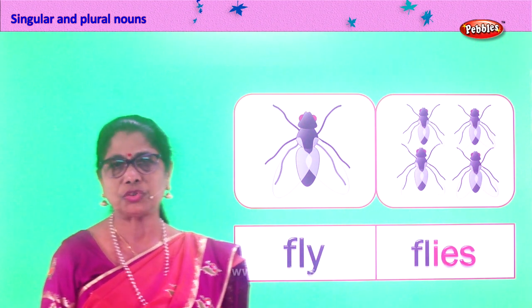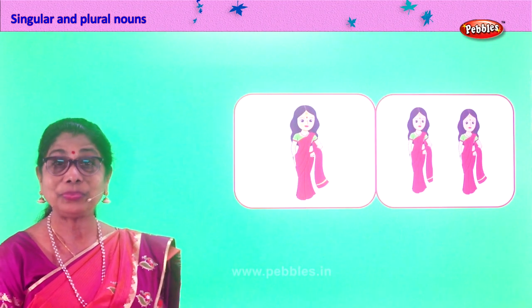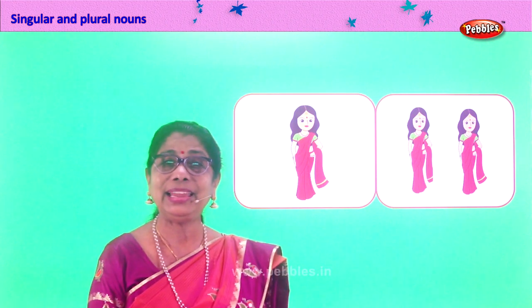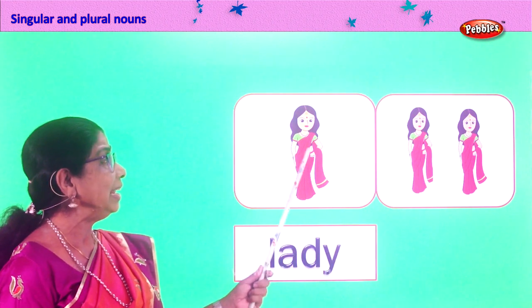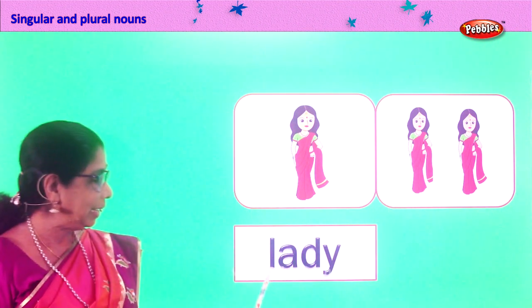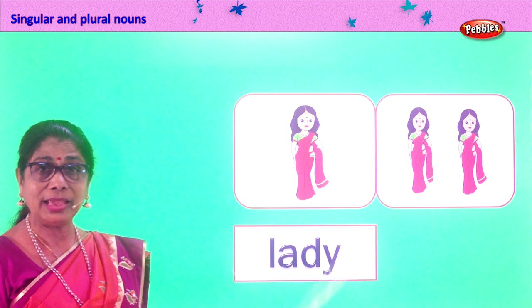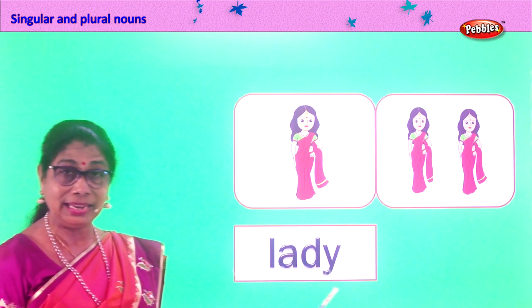Let's look at another picture. Look. Who is this? Lady. Is your mother a lady? Yes. Is your teacher a lady? Yes. Lady. And here you have 2 ladies. LADY. Lady.